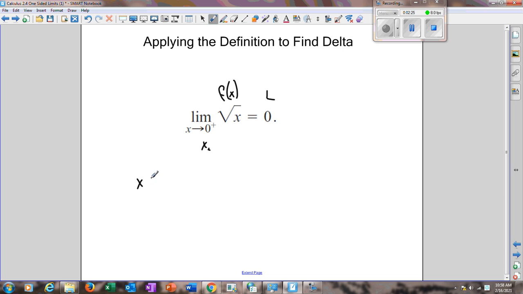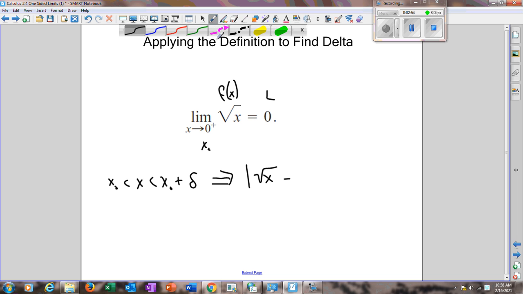So x is less than, and we have x naught down here, x naught plus delta. Then it's the absolute value of f of x, which is the square root of x, minus our limit, which is 0. And then that's got to be less than epsilon.